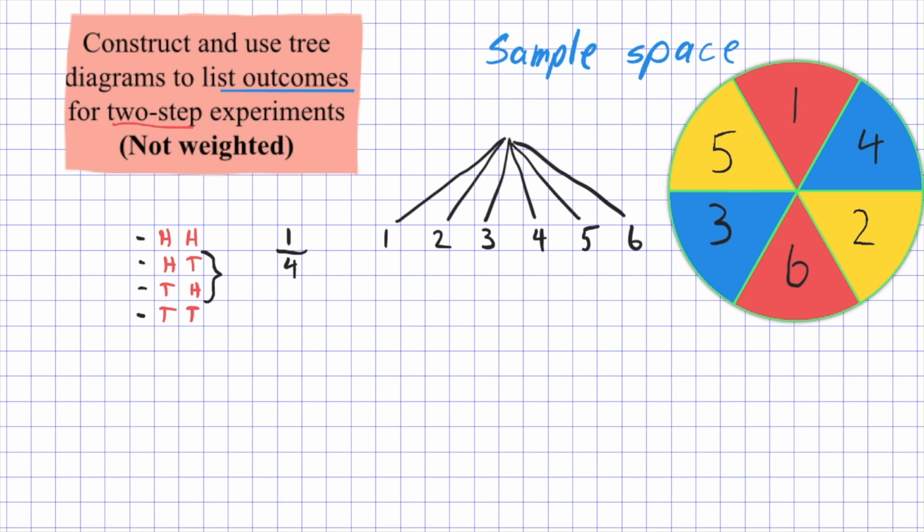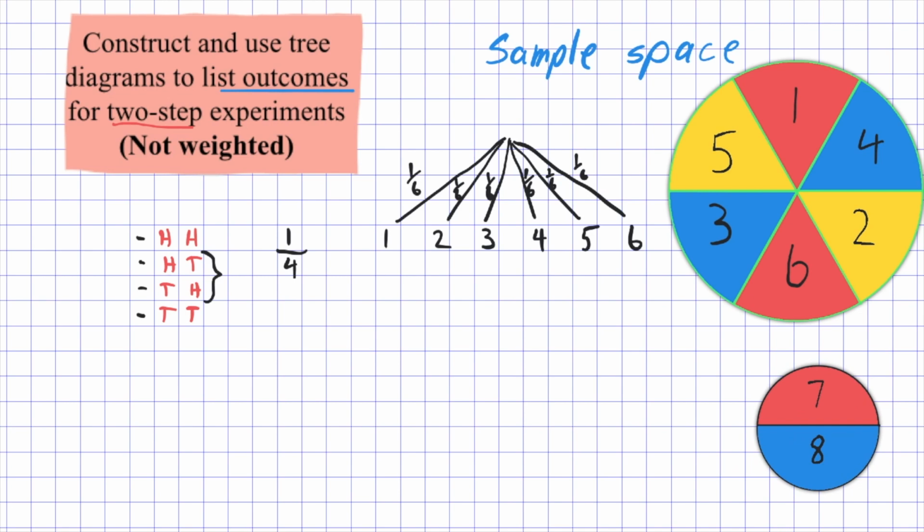But we're not looking at single-step experiments. We are looking at two-step experiments. Now, each one of these has a 1 in 6 chance of occurring. Remember, as we said, it's all even. Now, if we decide to spin that spinner again, or maybe we spin this spinner as well, how does this affect our sample space?